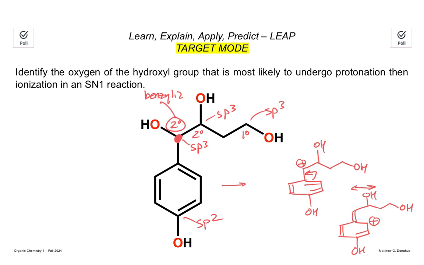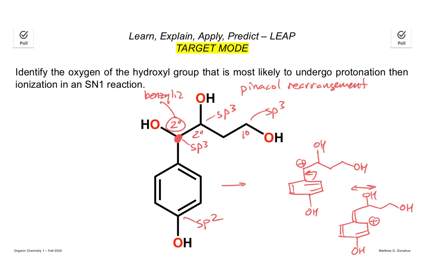If we protonate the alcohol on the secondary carbon, the plus charge goes there, right? But what if that happens and then there's a hydride shift, or is that not possible? Yeah, it is possible.